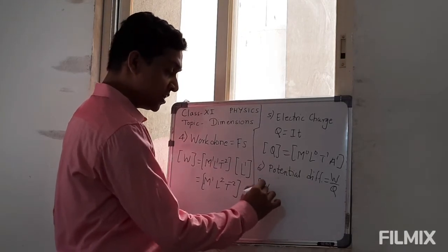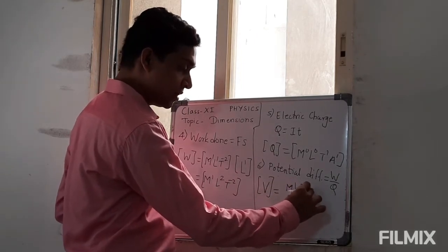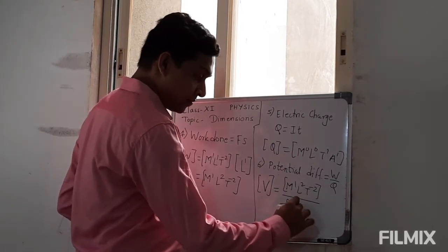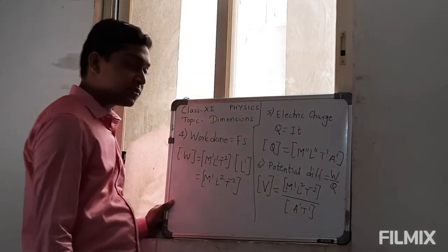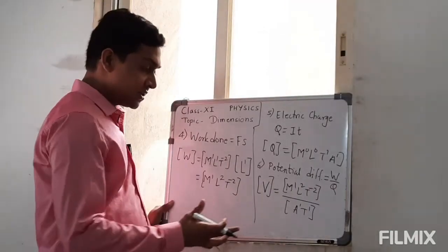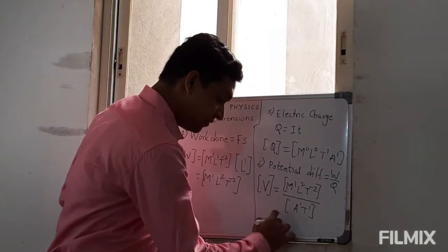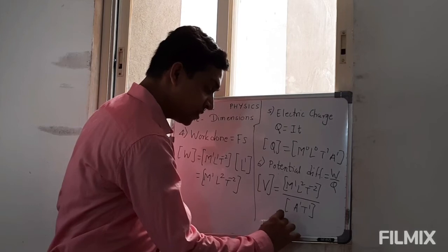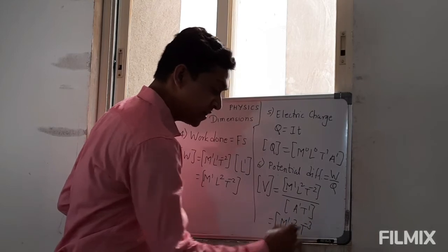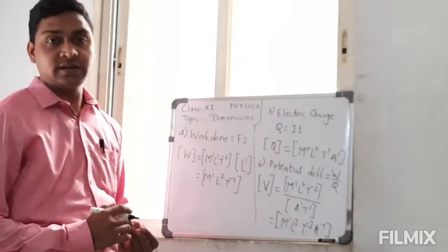So we can write the dimensions of potential difference as W, which is M1 L2 T-2, upon charge, which is A1 T1. Now see, here I wrote all of M, L, T, A, but for intermediate steps, if the mass factor is not there, we can omit that factor. So finally the dimensions for potential difference are M1 L2, this T1 will go to the numerator and become T-3, and A-1. So these are the dimensions for potential difference.